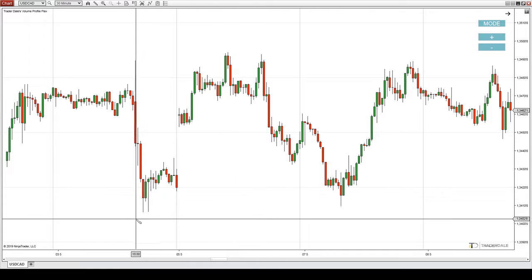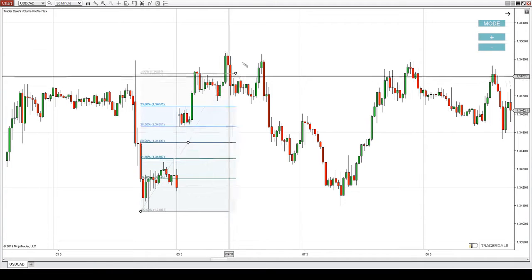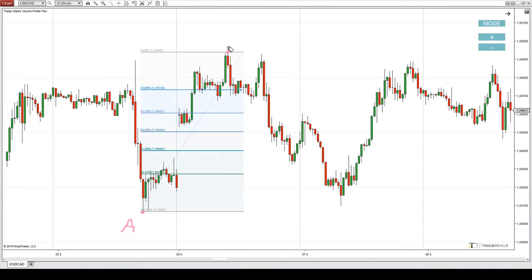Now here's another one. Point A, point B. Now you are looking for a pullback below 50%. This is the 50%. So the lowest point is in here. It doesn't go past A. If it did, then it would be invalid, but it's above A and below 50%.